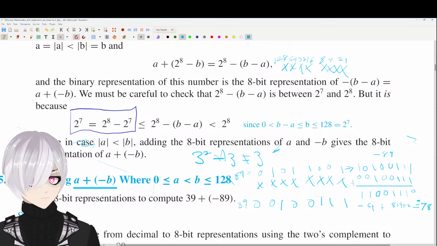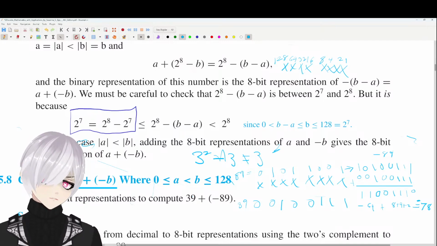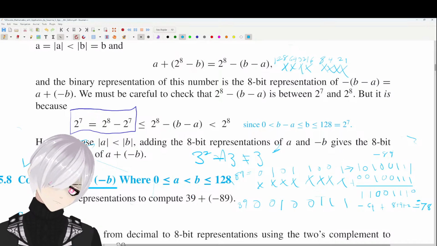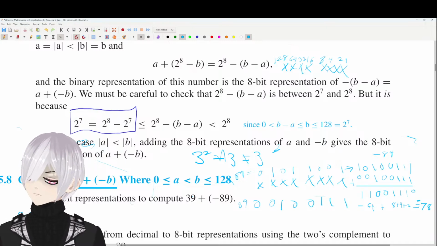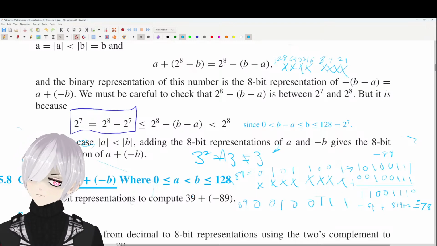So 11001110, we have to take the 2's complement of it. You did the addition and got 11001110, that's the answer to the addition. What it represents: if something begins with a 0, it represents a positive integer. If it begins with a 1, it represents a negative integer.